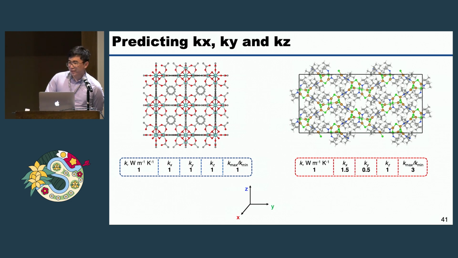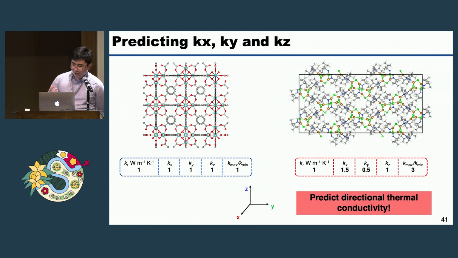So the problem is here. We are training on the average thermal conductivity, the average of Kx, Ky, and Kz. So there's an information loss, right? You can have 2 different structures with different directional thermal conductivity, but if you average them, you'll get the same thermal conductivity. So there's an information loss, but you are still forcing these GNN models to learn features. That's problematic, so we need to design a model that can predict the directional tensor components of the thermal conductivity tensor.